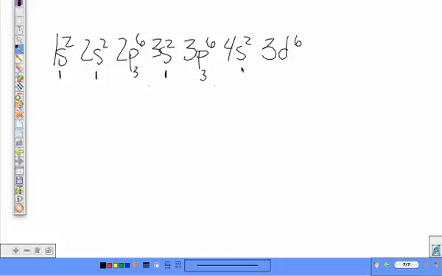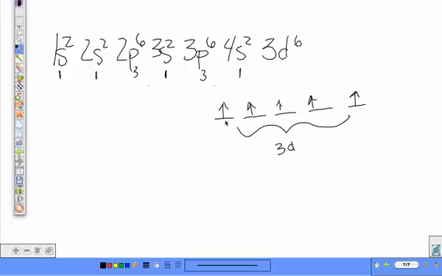How about this S? Does it have at least one electron in it? Yes. Now this D orbital, since this is the last one, we might want to just check it. So let's draw out the D orbital here. If this is our 3D sublevel, and we have 6 electrons, remember we're going to fill 1 at a time and then pair up.